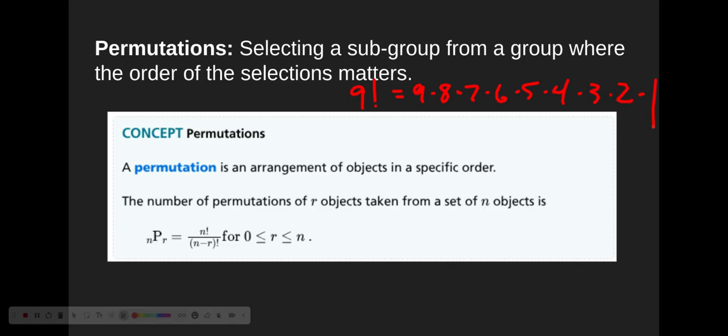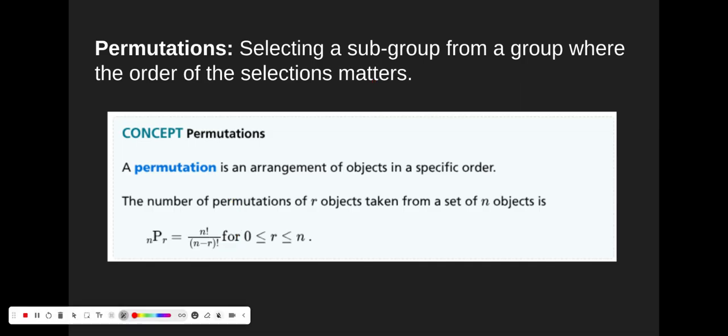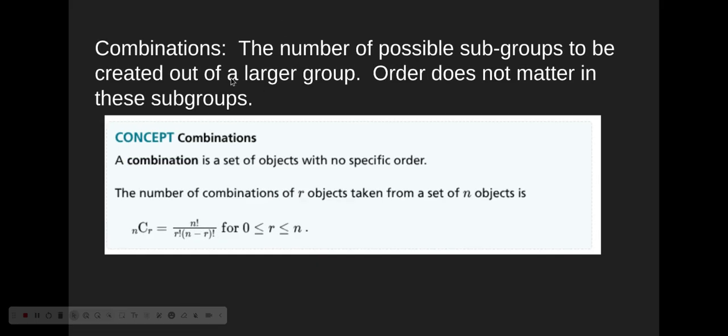So you take the number of things that you're picking from the bigger group, you take the factorial, and then you divide by n minus r, where r is how many you're picking. So if I'm picking 3 things out of a group of 10, that would be 10 permute 3. We'll go into some examples later. After all, it is a 5-minute lesson.